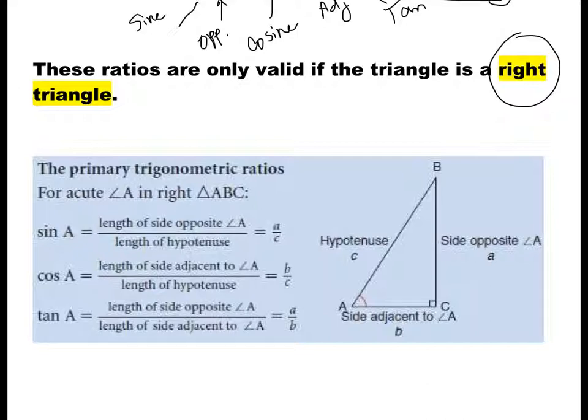Now, when I write the trig ratios, I'm going to write sine A is opposite, which is this side, which is BC, which is a, divided by hypotenuse, which is c. And so forth for the other ones, cos and tan too. But again, I emphasize, you have to have a right triangle. If you don't, do not use these ratios. They don't mean anything.